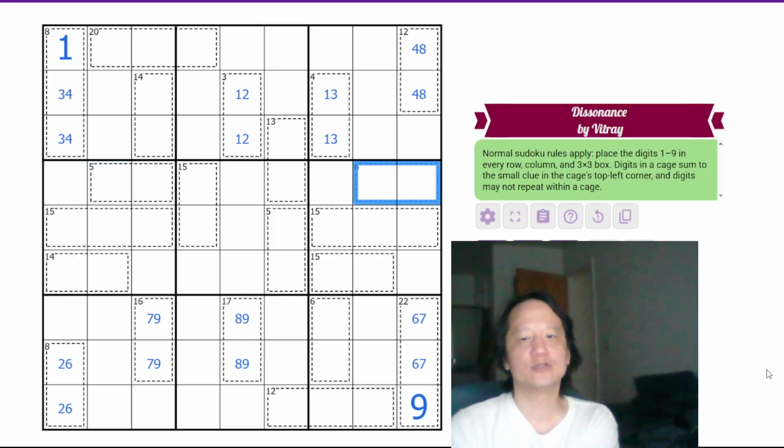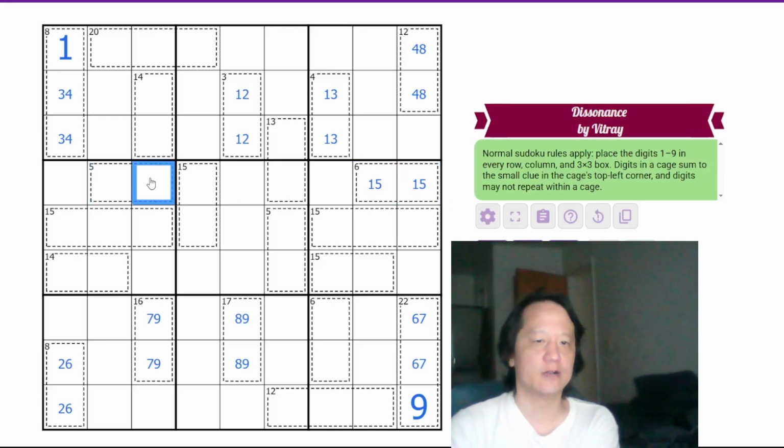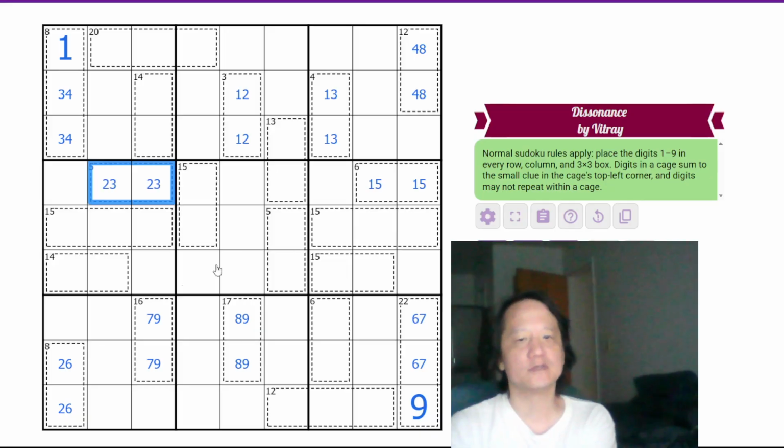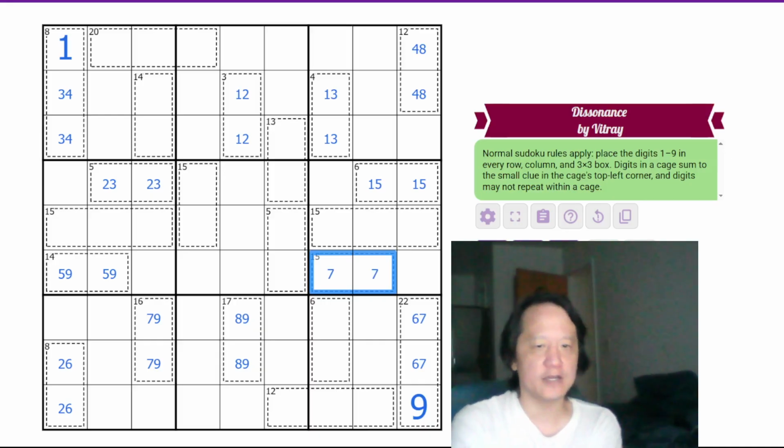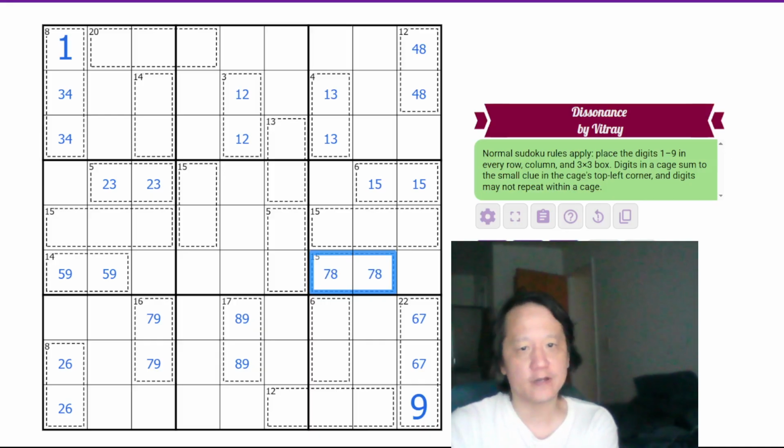So this can't be 2 and 4, it must be 1 and 5. Which means this can't be 1, 4 adding up to 5 because of the 1, 5 pair in the row. So this must be 2, 3. So this has to be the same thing. This must be 5 and 9 adding up to 14. And this has to be 7 and 8 to add up to 15 there.